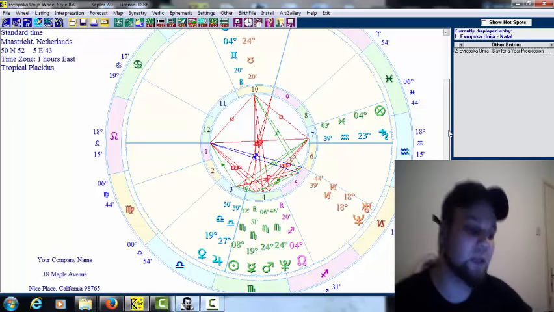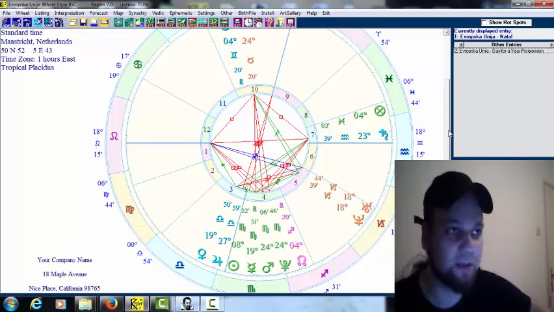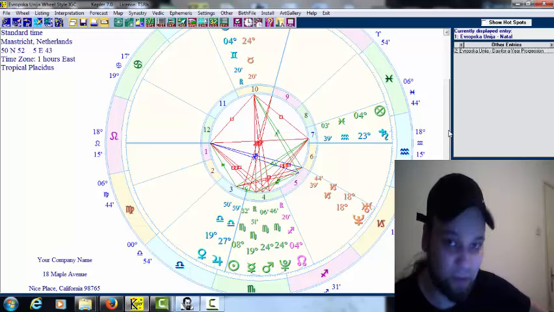The first technique we have to take is the secondary progressions for this chart.